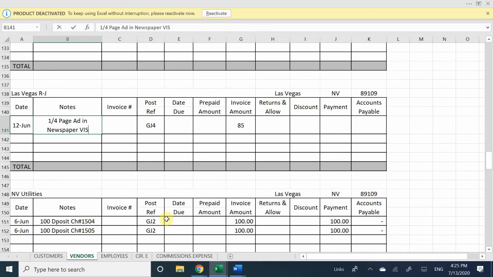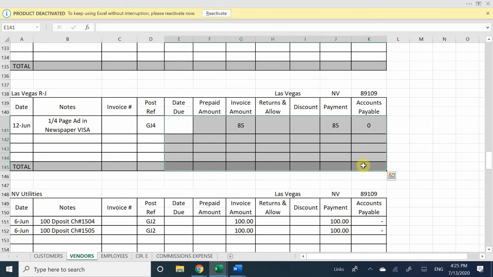What that entails is that you made a payment, but it was through the Visa. So in this case, you show that you owe $0 because you've already paid in advance using your credit card. You don't owe them any money, but you owe your credit card money.